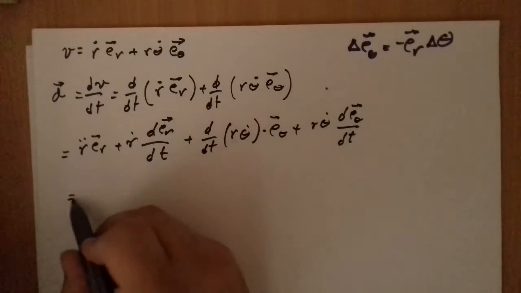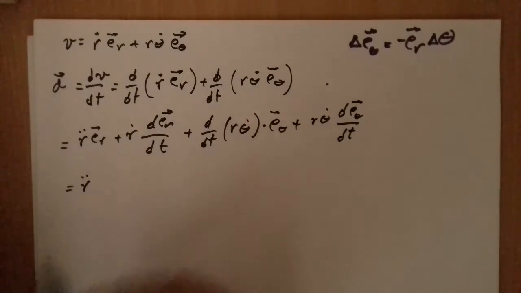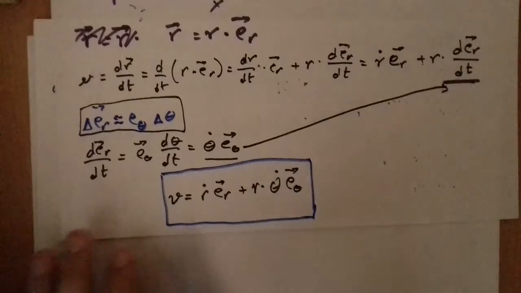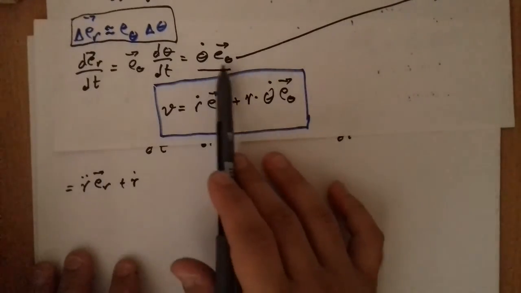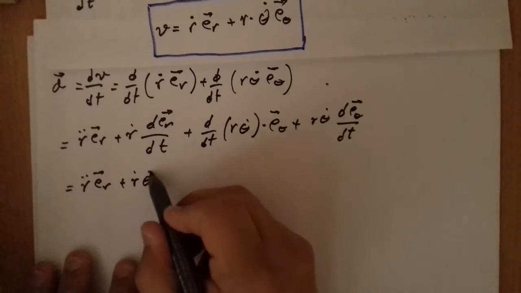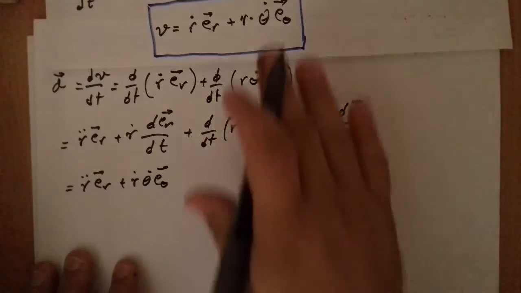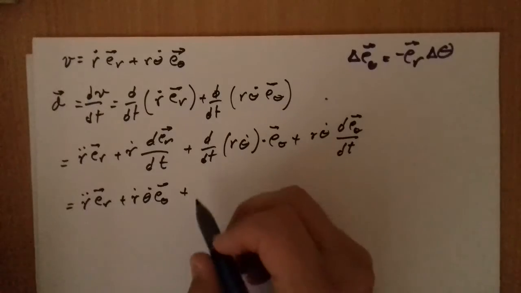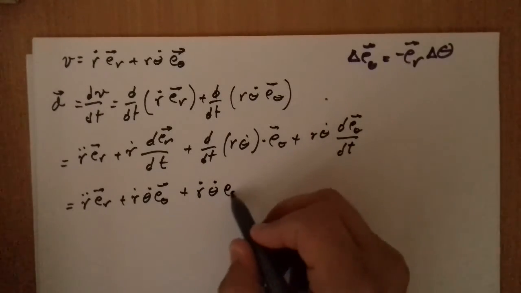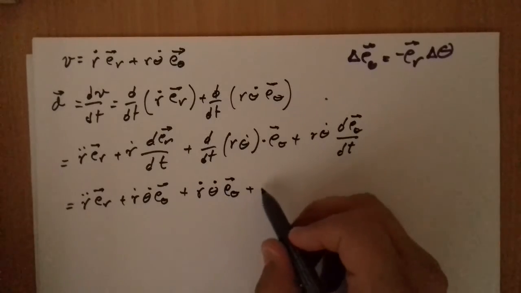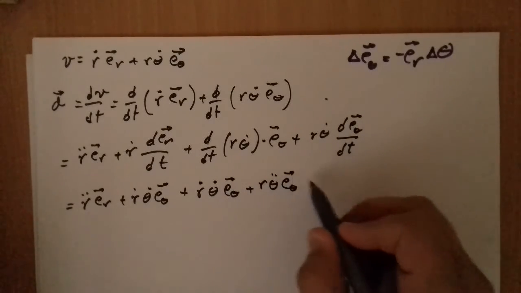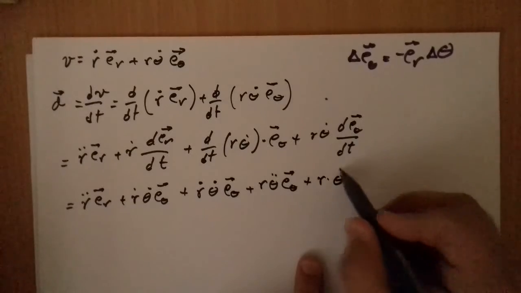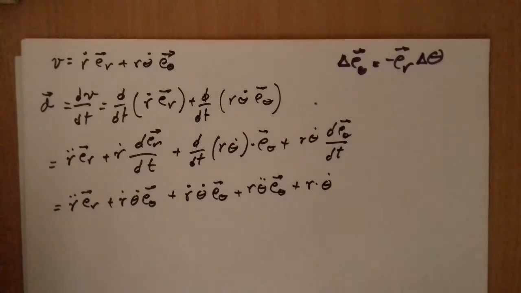This is equal to r double dot e r plus r dot, so de r by dt was theta dot e theta, so this is r dot theta dot e theta, plus the product rule of those two, so this is r dot theta dot e theta plus r theta double dot e theta, plus r times theta dot de theta by dt.